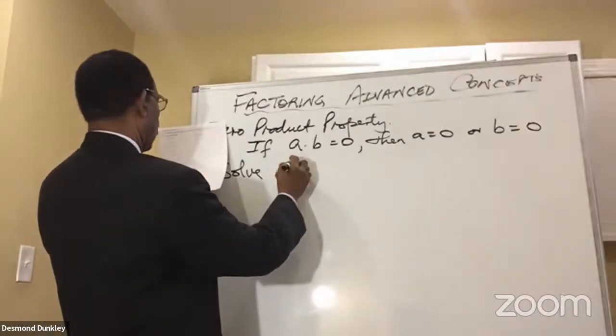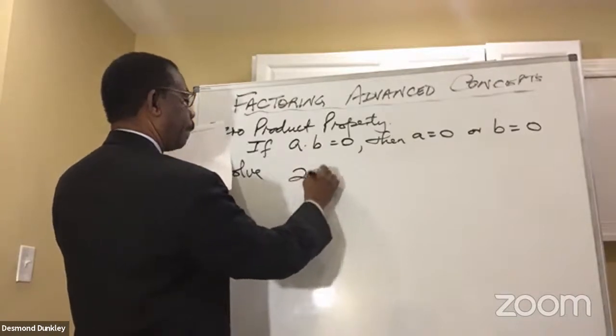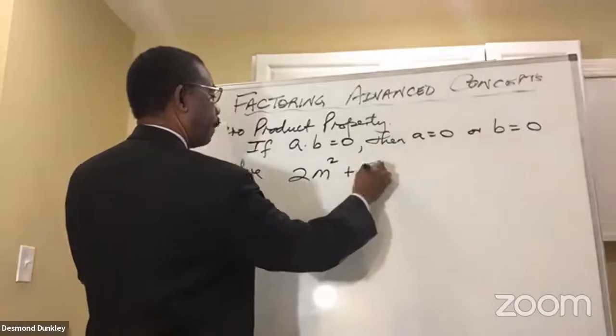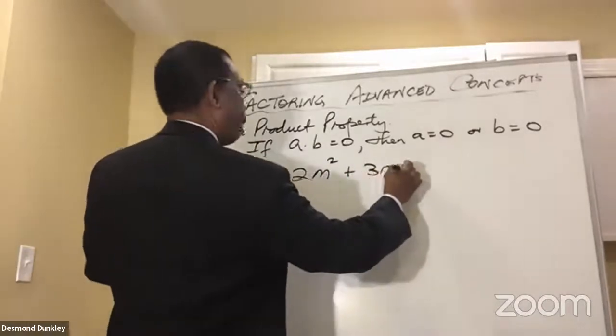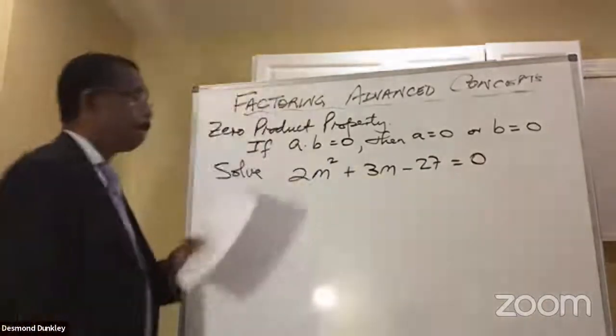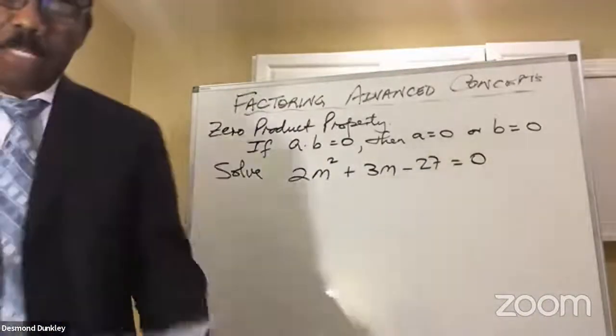Solve 2m squared plus 3m minus 27 equal to 0.